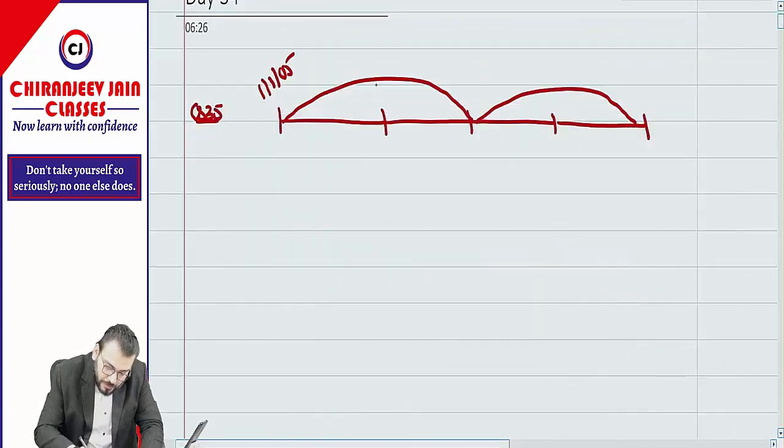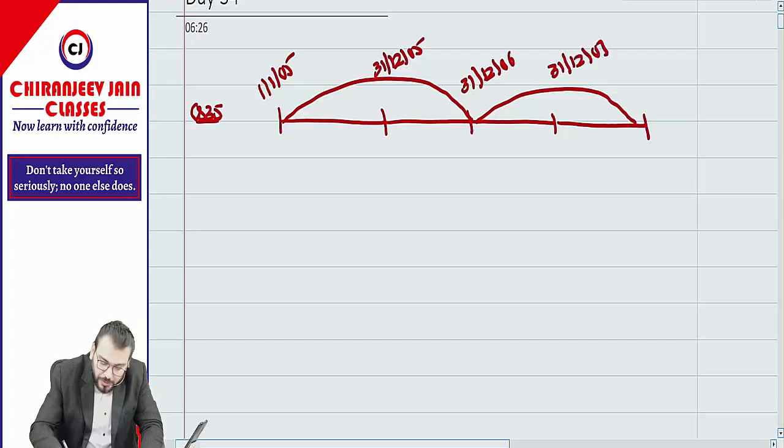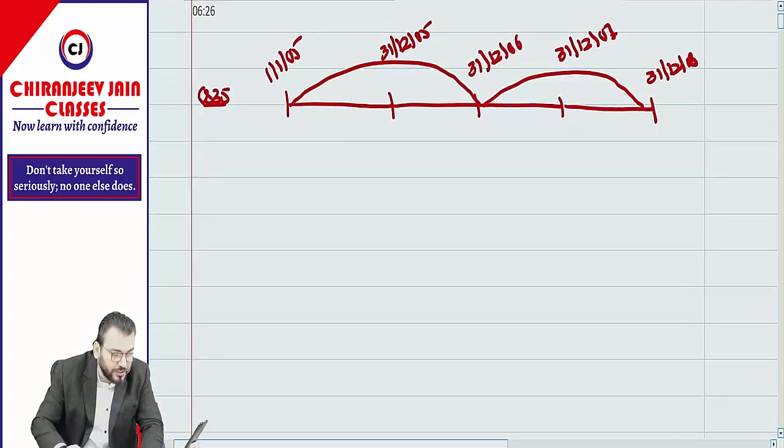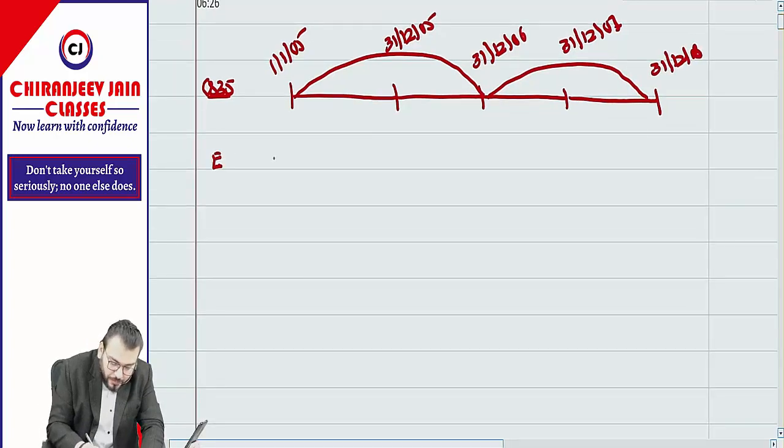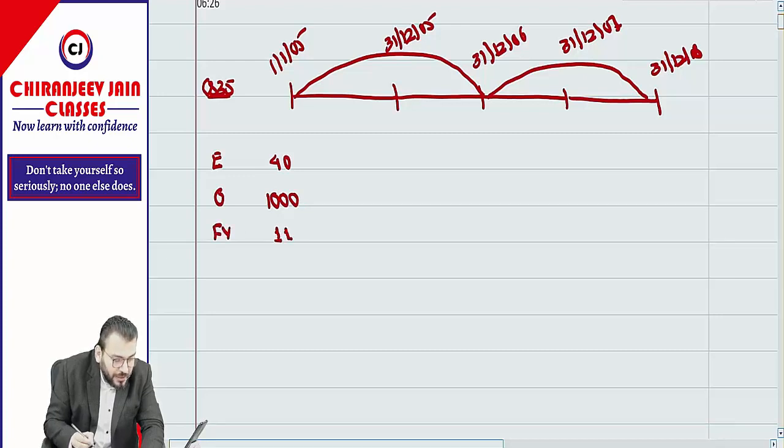Then this is 31st December 2005, 31st December 2006, 31st December 2007, and 31st December 2008. How many employees? 40 employees. How many options per employee? 1000. What is the fair value given on grant date? It is 11. Correct now.